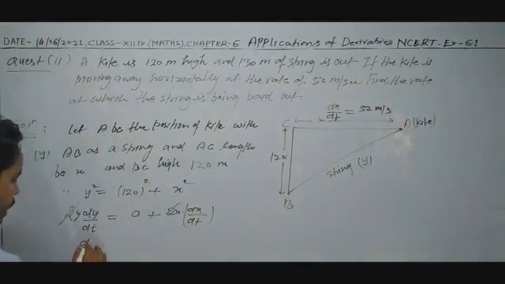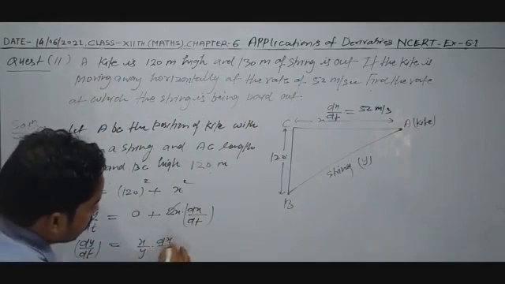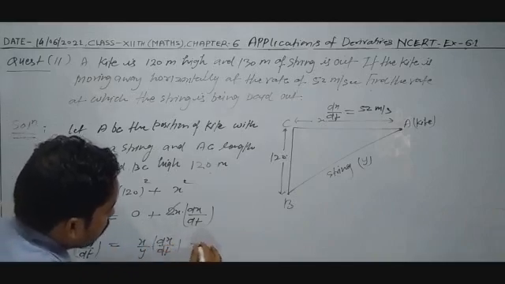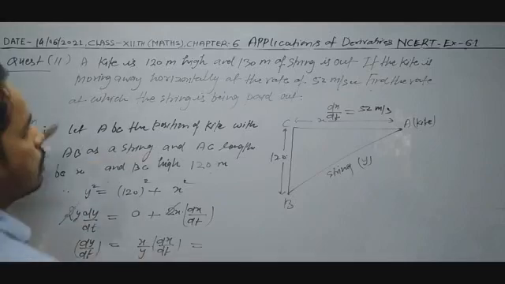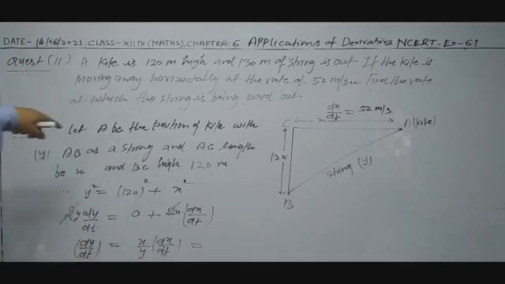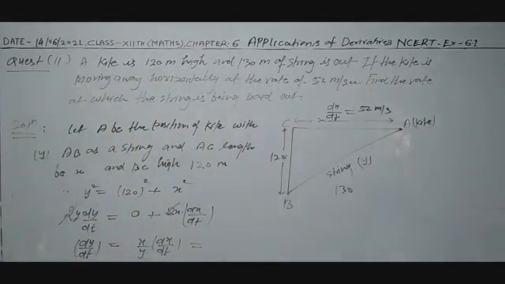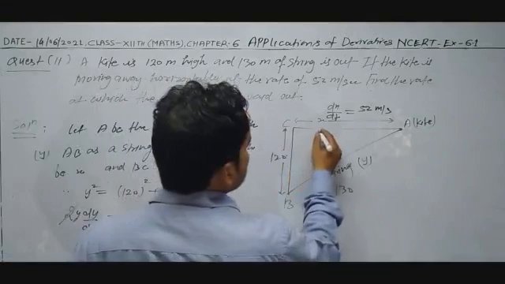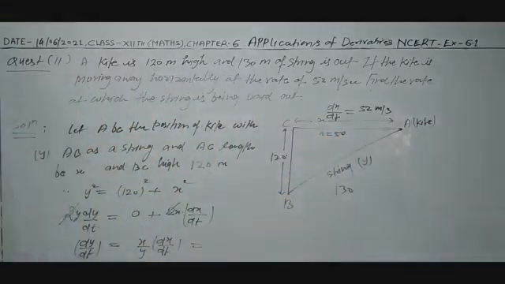So dy by dt calculation will be x upon y with dx upon dt, and for x and y, you know the height is 120 meter and the string is 130 meter. After trigonometric calculation, you get x is equal to 50.